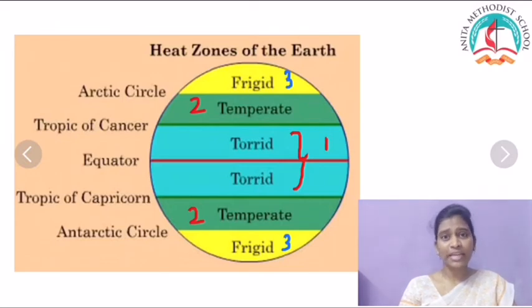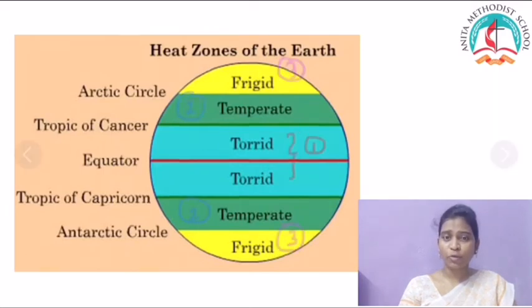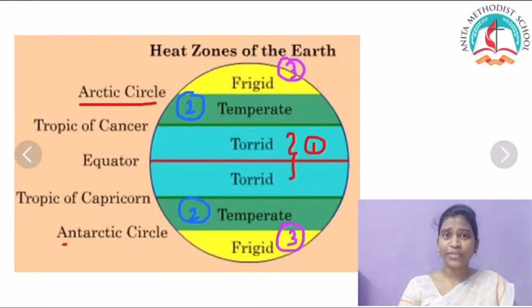We have 3 heat zones: the torrid zone, the temperate zone and the frigid zone. So the North Pole and the South Pole come under the frigid zone, which means the Arctic Ocean and the Southern Ocean come under this frigid zone, and that's why oceans of this region are very cold and in a frozen state. The North Pole lies at the center of the Arctic Ocean.